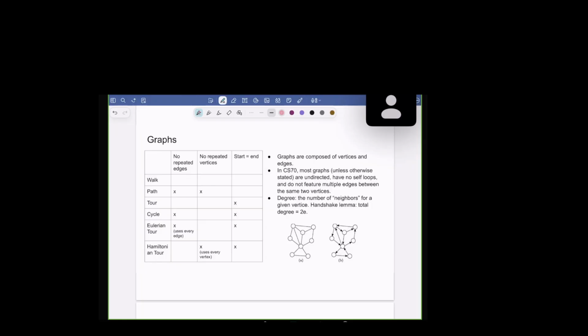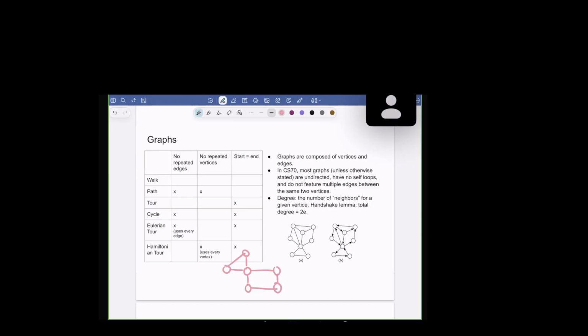The idea, let me just see if I can draw a quick graph structure. Let's say we have something like this, or no, that would not work. Let me add something else. Okay. Does this work? Uses every edge. Yes, it does work.